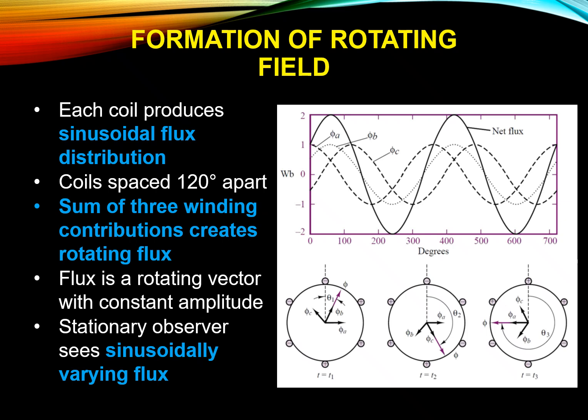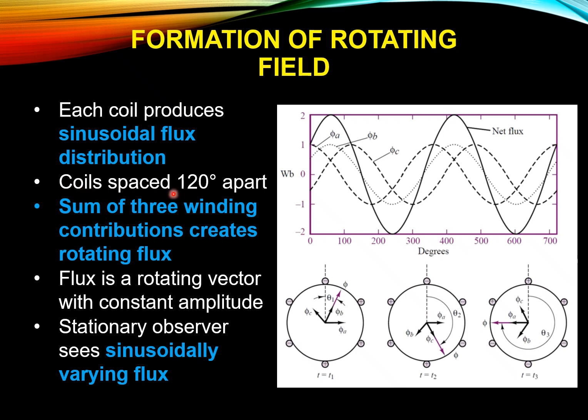Now, the formation of the rotating field. Each coil produces a sinusoidal flux distribution, as you can see here. There are various amplitudes, but it is sinusoidal like a sine wave.